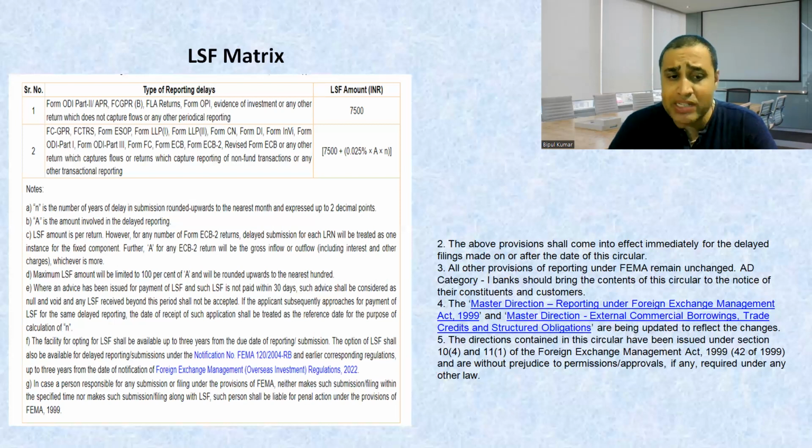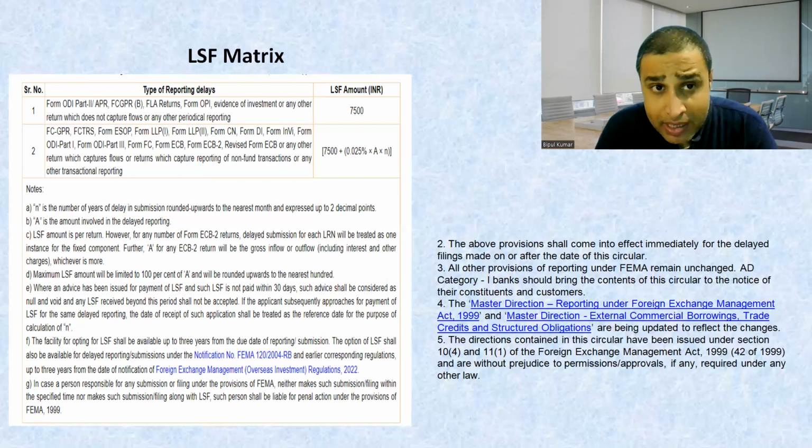In case a person responsible for any submission or filing under the provisions of FEMA neither makes such submission or filing within the specified time nor makes it along with the LSF, then such person shall be liable for penal action under the provisions of FEMA.